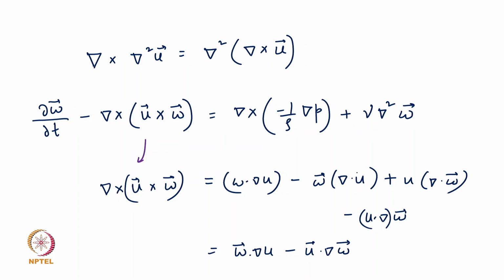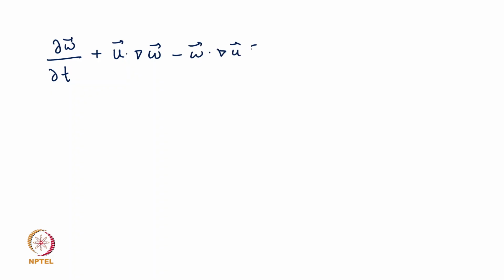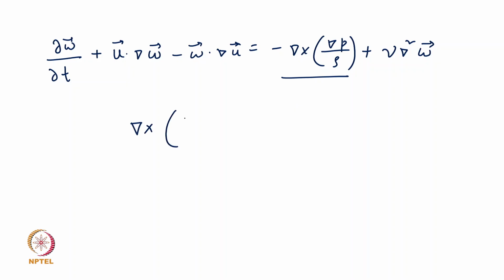Okay, so the vorticity equation, I'm just writing down a slightly simplified form, gradient of p by rho plus nu del square omega. Okay, now we again use a vector identity here.